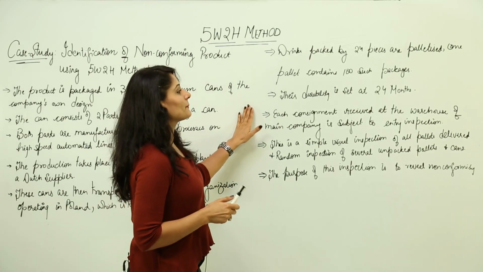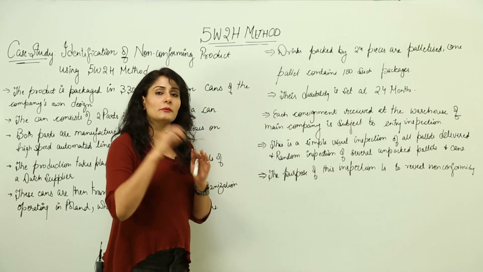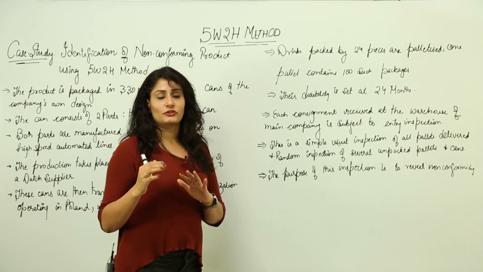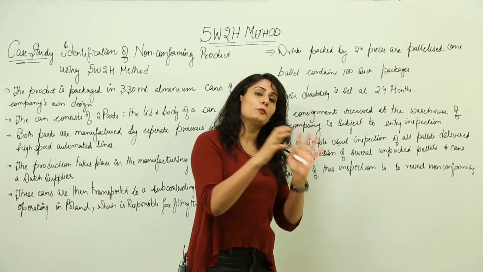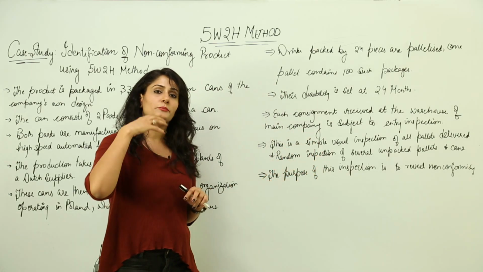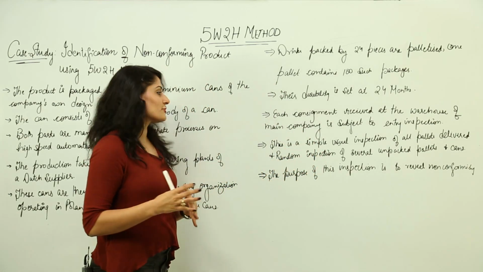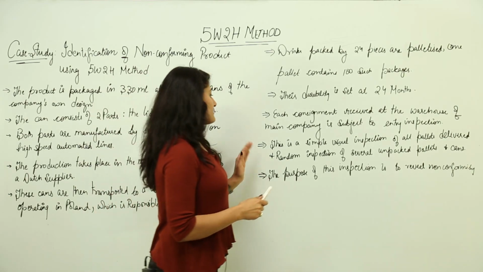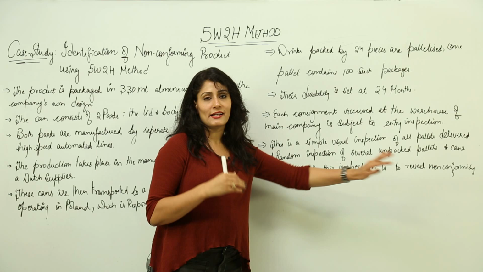Each consignment received at the warehouse of the main company is subject to an entry inspection. That is, when these cans come to the warehouse of the main company in Slovakia, they are subjected to an entry inspection. This is a simple visual inspection of all pallets delivered and random inspection of several unpackaged pallets and cans.